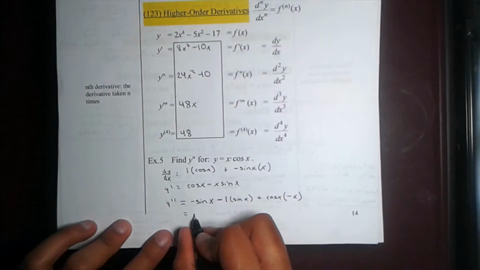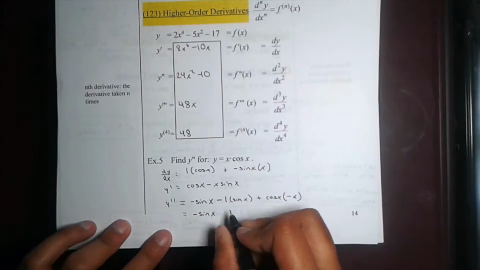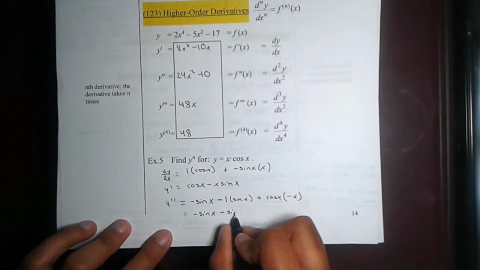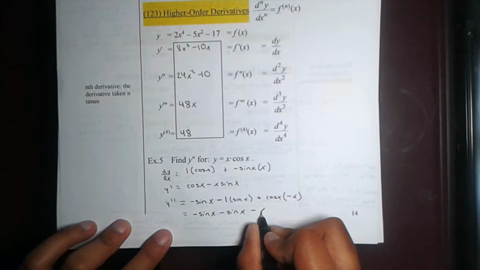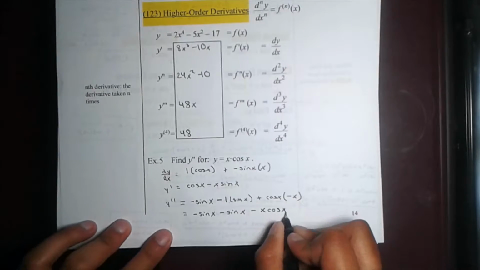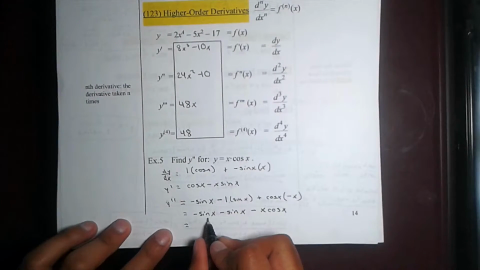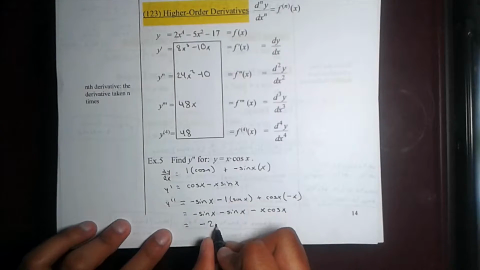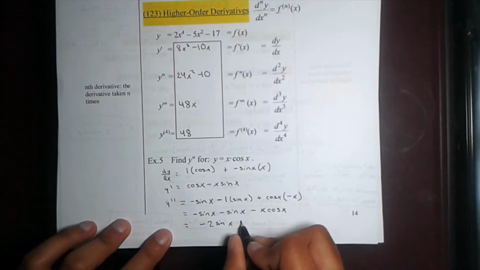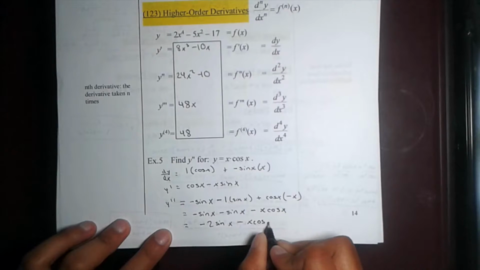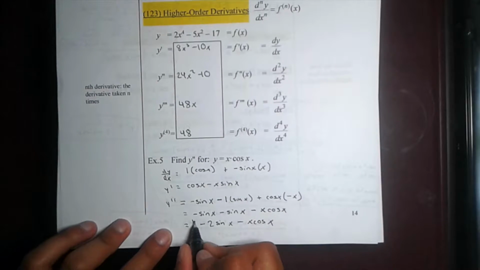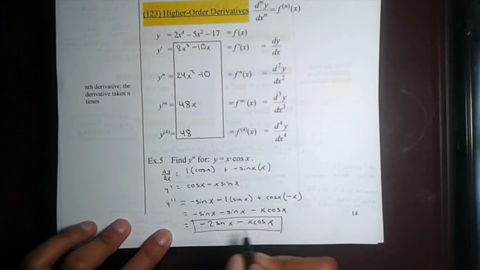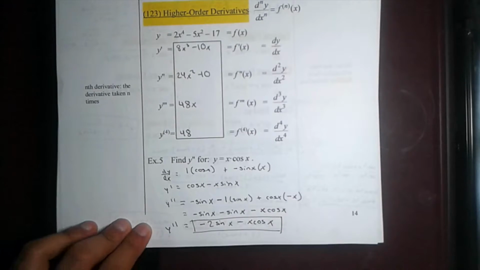And you just simplify that, so that's negative sine x minus sine x minus x cosine x. So this would be negative 2 sine x minus x cosine x. That is your second derivative for this problem.